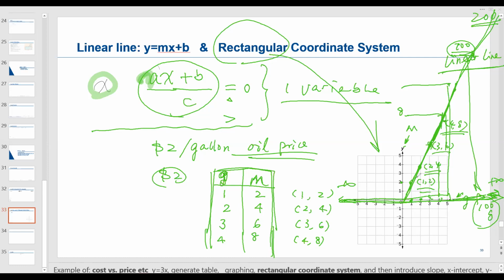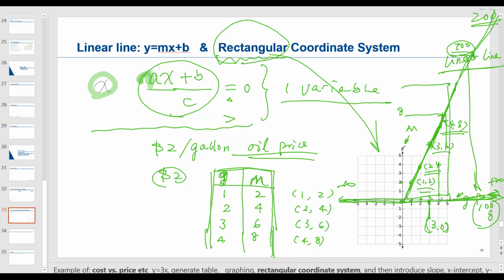Each dot became a pair of numbers. Something like this dot here: earlier we said just 3, right now we say 3, 0, because the y part is 0 and the x is 3. So each dot has a pair of numbers. So we're introducing the rectangular coordinate system.